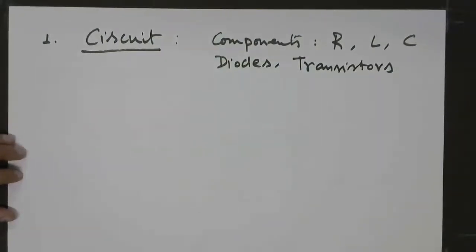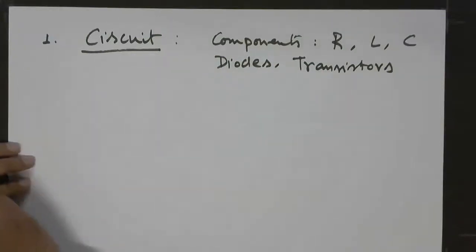So these are the components or elements that will be used to form what is called a circuit.